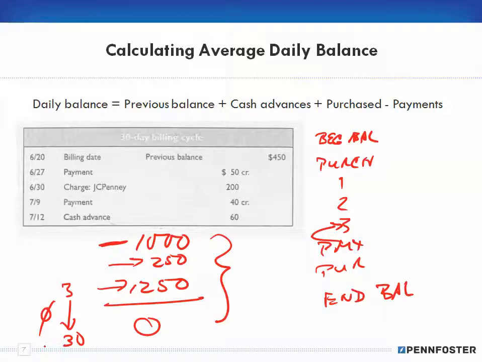Yeah, you owed the credit card company $1,250, and you owed it to them for 2 days, right? But really not, because you only owed the $1,000 for 1 day, and the $250 for the second day, and then the third day you paid it off, and all the remaining days it was 0.